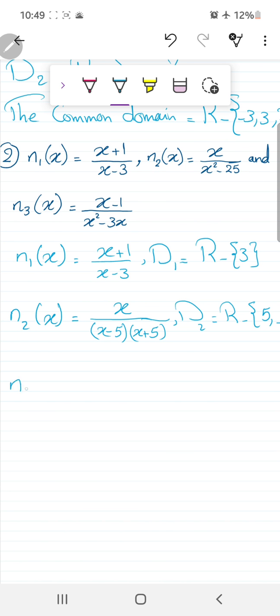n3 equals (x minus 1) over, here we have a common factor, x. Open bracket, x squared over x will be x, minus 3x over x will be 3. So x equals 0 and x minus 3 equals 0. So here we have two values.